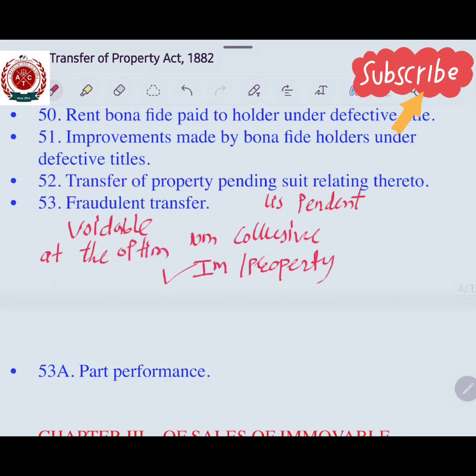It is also an important question for framing. I am highlighting only the important points which are important for MCQ examination, and it is also a Benami transaction.